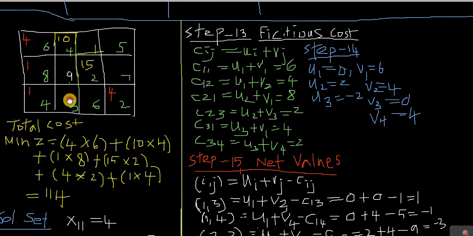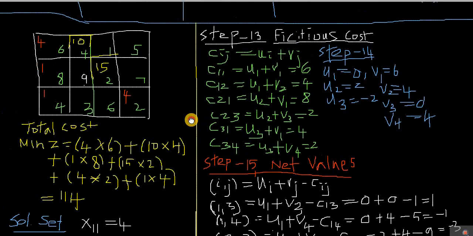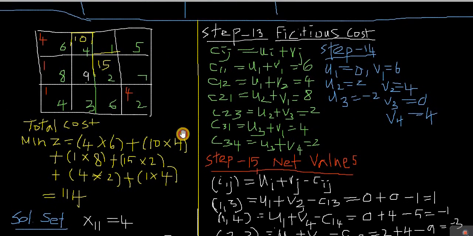Okay. Is this the final solution? Is this an optimum for us? Is it an optimal solution for us? So what we have to do is again find the fixed cost for basic cells and then net values for non-basic cells. We have to calculate that again. If all the net values are 0 or negative, then we have reached our optimum.